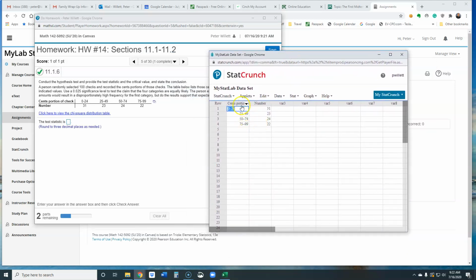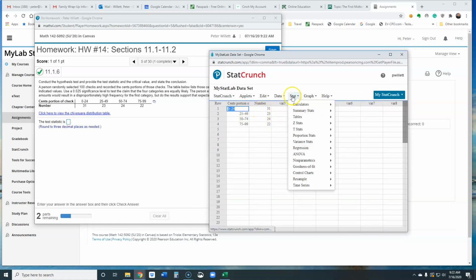So now they've put the different categories and the results in StatCrunch for us. And I'm going to go to Stat. This is a goodness of fit distribution because we are checking the chi-square test, whether the data is a good fit to an equally distributed distribution.